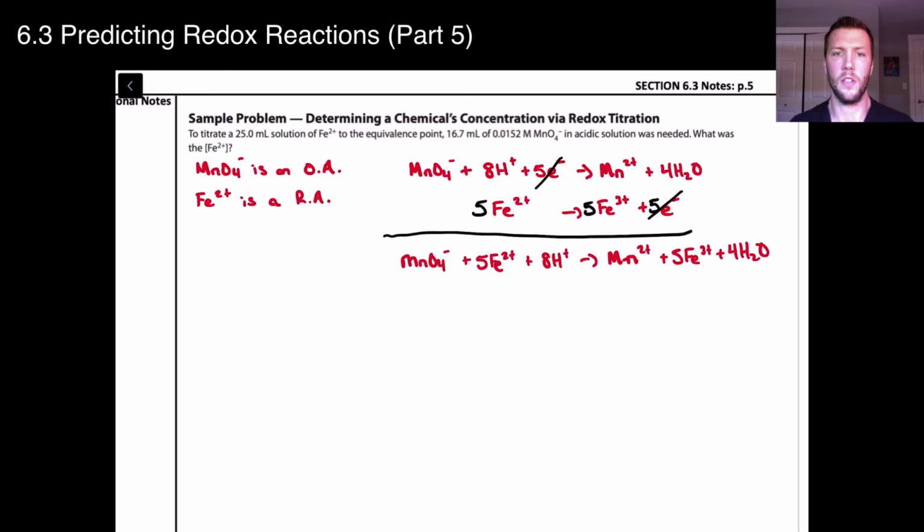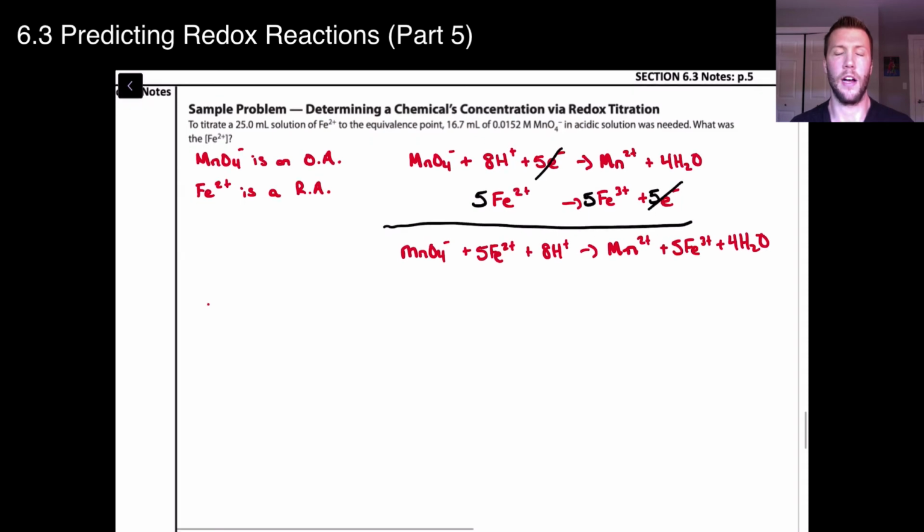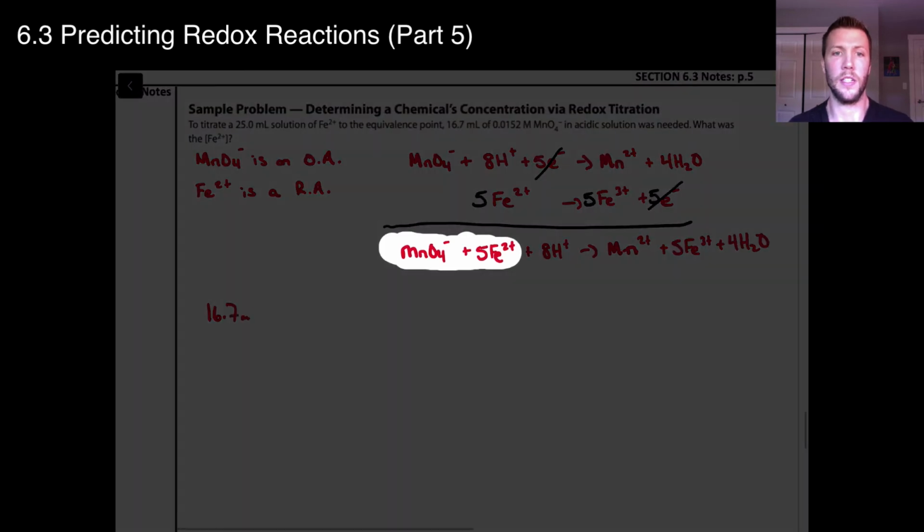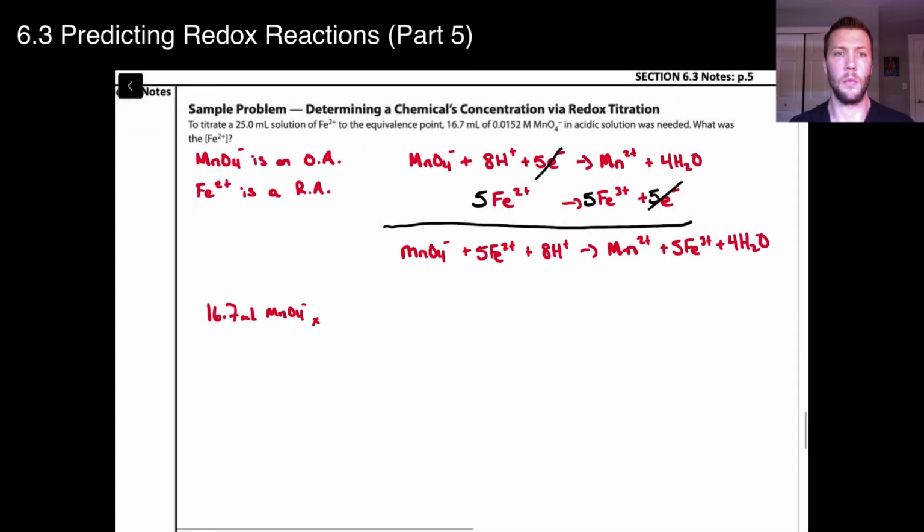The whole purpose of writing this reaction is to be able to identify the mole ratio of when permanganate ion and iron 2 ion react with each other. So we can see it's a 1 to 5 mole ratio. So I'm going to take my 16.7 milliliters of permanganate ion and convert that to moles of iron 2 ions.